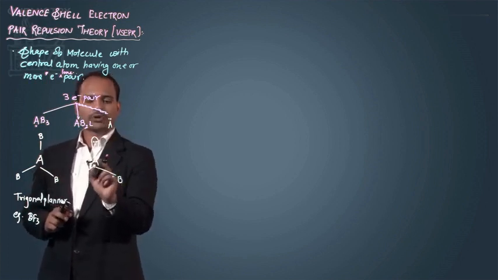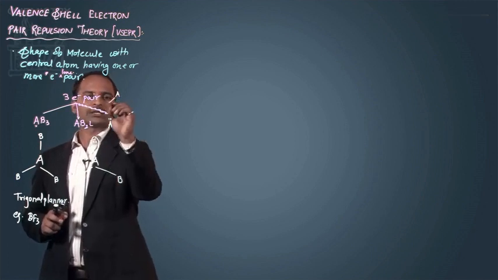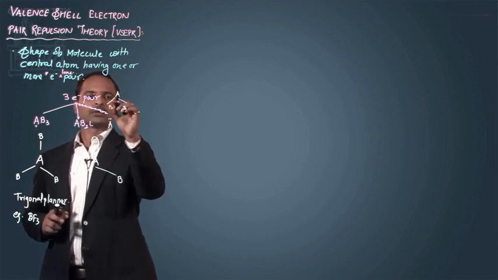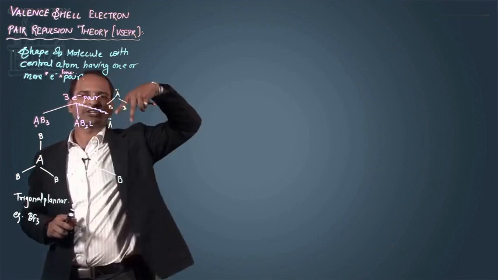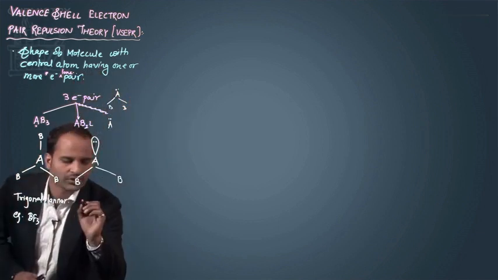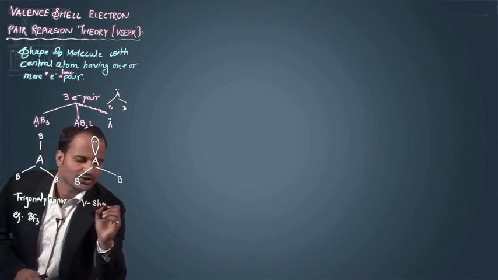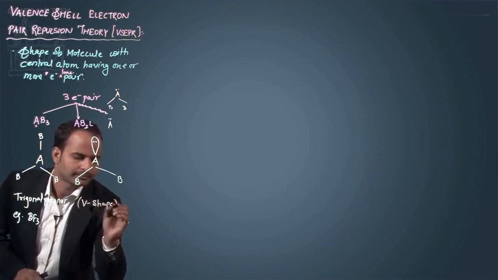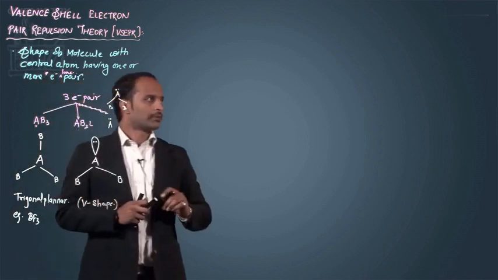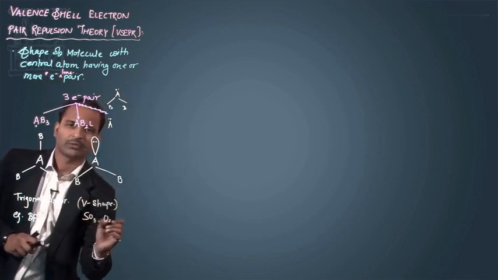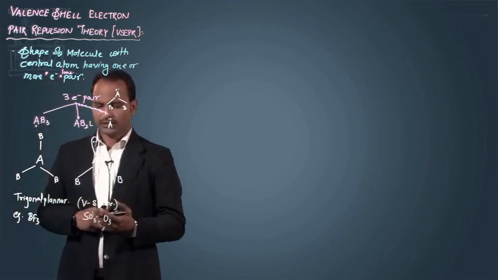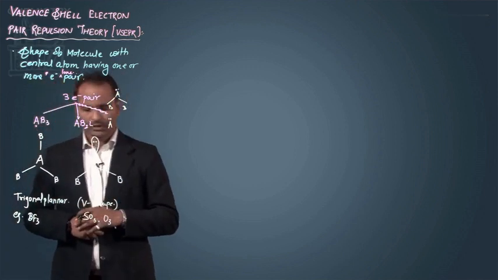So there are only 2 bonds, and the shape of the molecule is something like this, A and B, and there is a lone pair. So I can say that this shape is nothing but a V shape or bend shape. The examples are the SO2 molecule and the O3 molecule, these are V-shaped molecules.